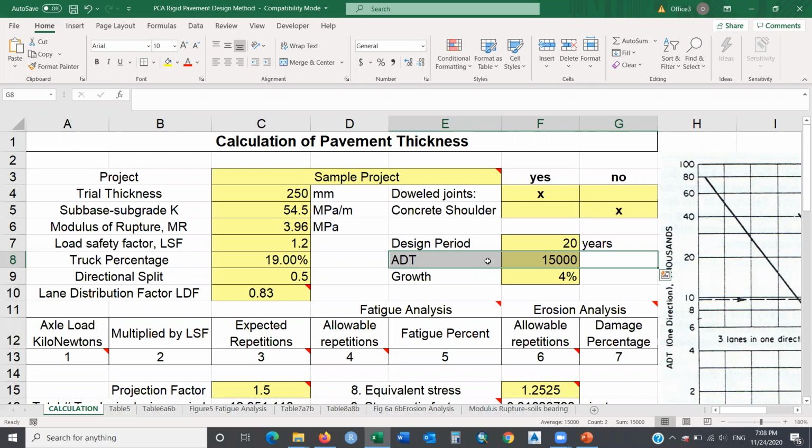From a macro simulation model, strategic transportation model, where you have estimated your ADT, or from similar facilities. The same as the growth, and the design period is pretty standard.